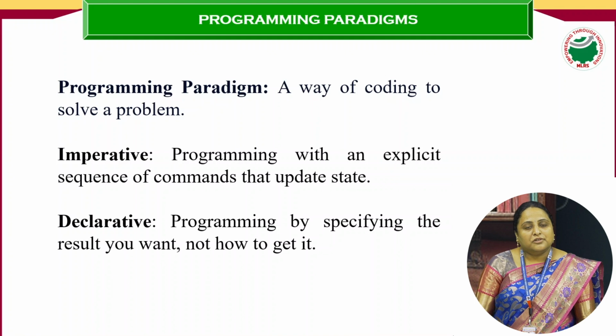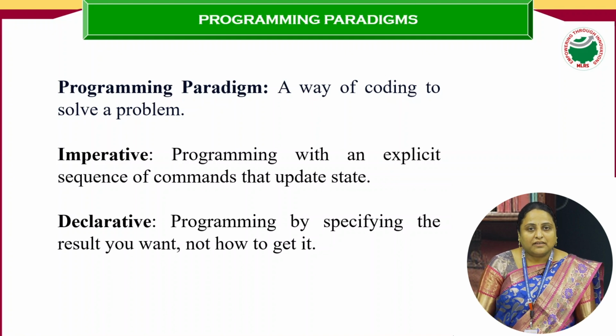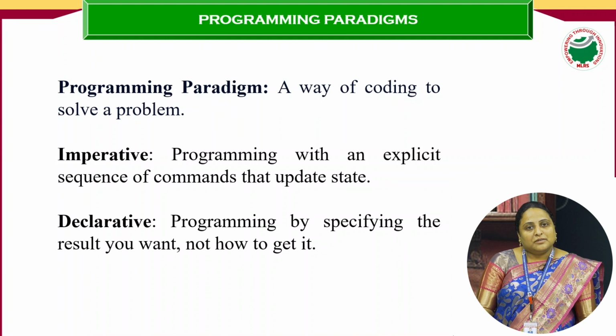So the next number should be printed, 3, and so on up till 10, and all the numbers should be printed on the screen. So here we are more concerned about how the instructions have been written and how the sequence is written and how the state has been updated every time. So C or C++ or Java comes under this type of programming paradigm.